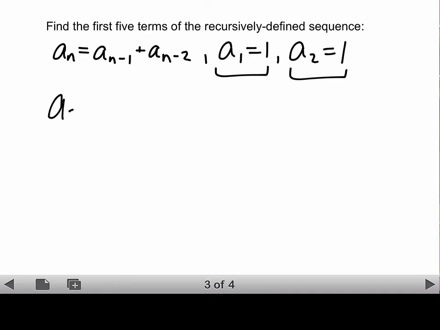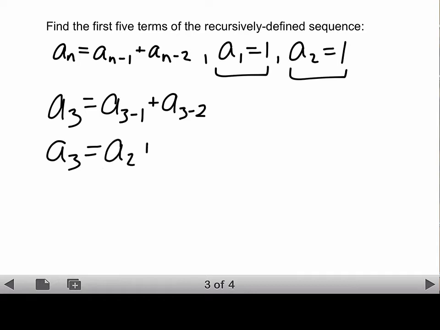So a sub 3 is going to be a sub 3 minus 1, you see n is 3, plus a sub 3 minus 2. And if you simplify those indices, you get a sub 3 is equal to a sub 2 plus a sub 1. Or in this case, 1 plus 1.